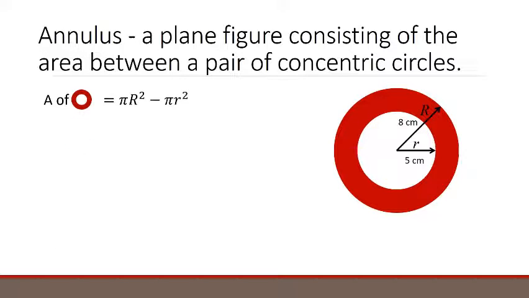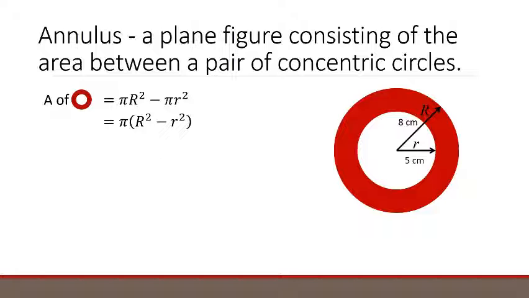Well, the area of an annulus, we can just say, it's pi r squared minus pi r squared, where the first one is the area of the large circle and the second one is the area of the small circle. But you'll notice we can factorise that and take pi out as a common factor. When we do that, we end up with pi times brackets big R squared minus small r squared.